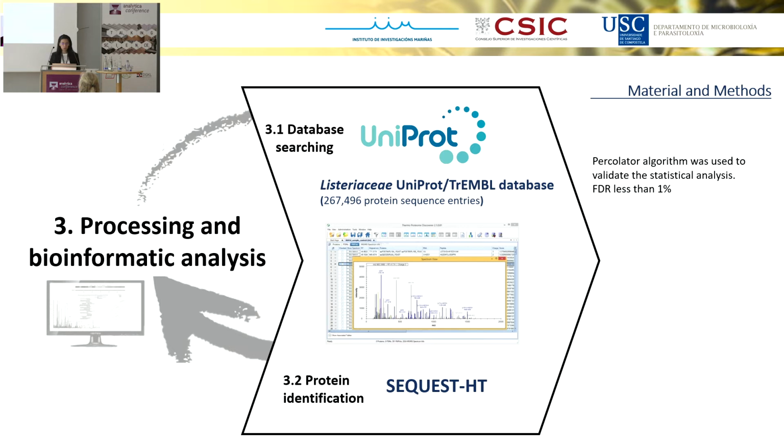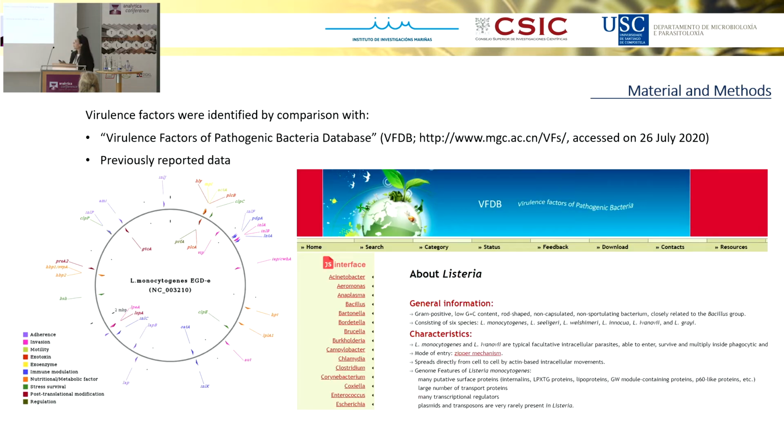The Percolator algorithm was used to validate the statistical analysis, keeping a false discovery rate of less than 1%. To identify the virulence factors among our data, we compared the proteins against the virulence factors of pathogenic bacteria database, and we also reviewed different previously reported data and articles.